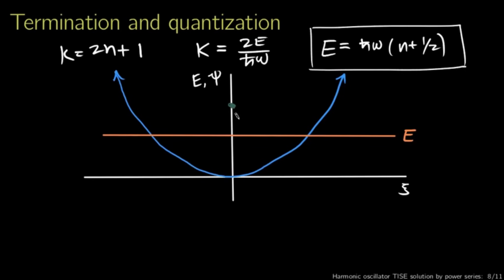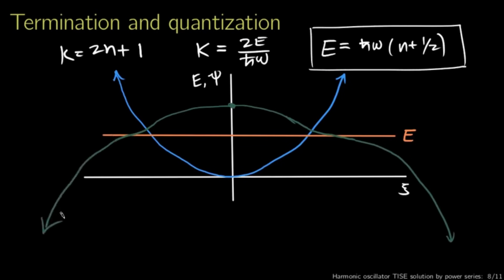So we're going to be curving towards the axis here, until we reach a point where the potential is higher than the energy, at which point we start curving away from the axis. But if our energy is too high, we won't curve away from the axis enough to smoothly join with our axis. And then once the wave function has crossed the axis, it curves away from the axis, away from the axis, away from the axis, and blows up. It gives us a non-normalizable solution.